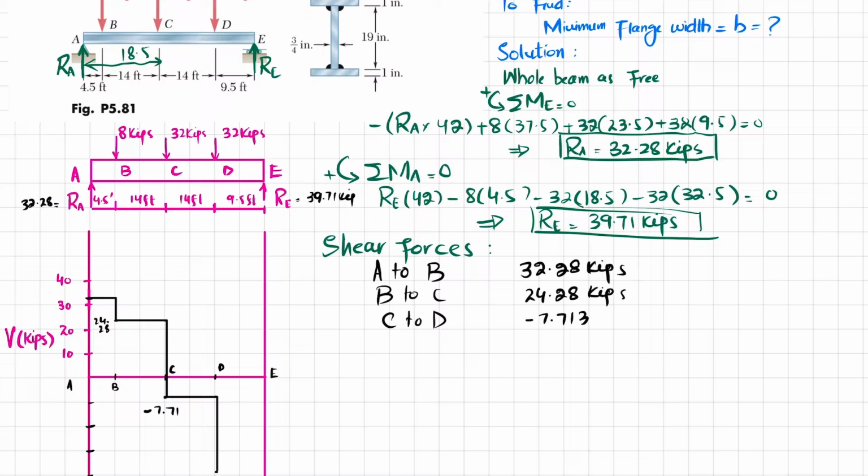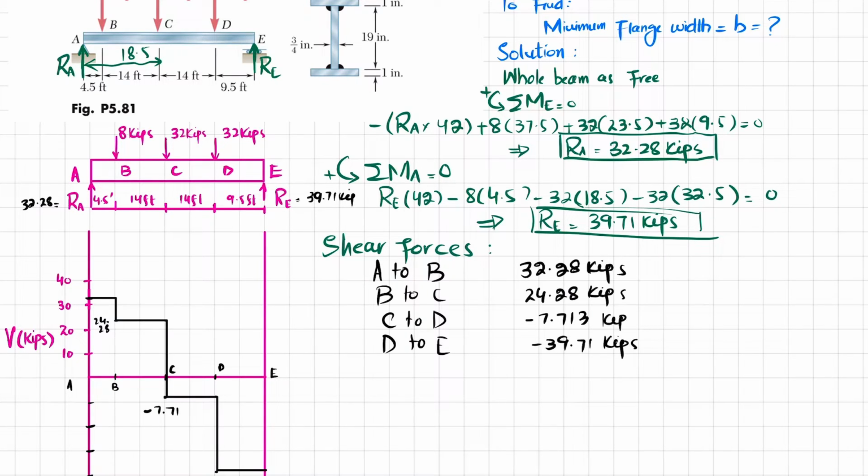And again from D to E the load is the same, so this will be a horizontal line. So this is your shear force. From D to E the load is minus 39.71 kips.